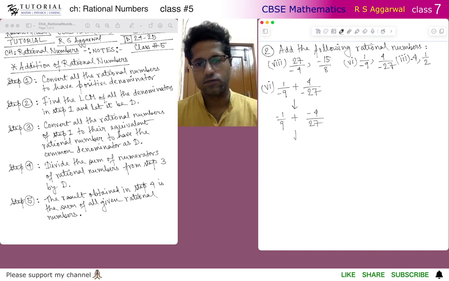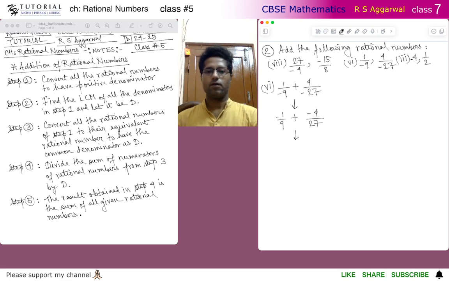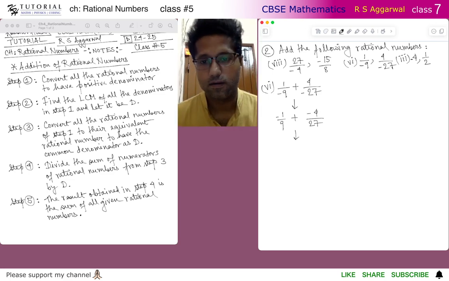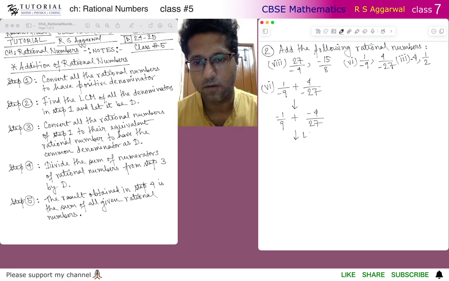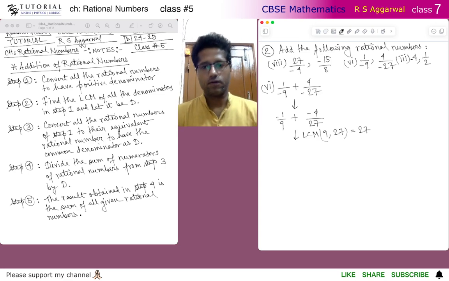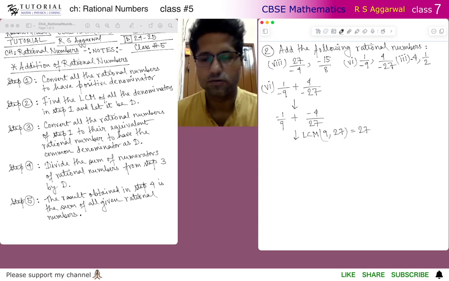Since the denominators are different, we have to find the LCM of all the denominators, that is 9 and 27, and this is 27, and then we have to convert all the rational numbers to their equivalent rational number, so that they all have a common denominator of 27.